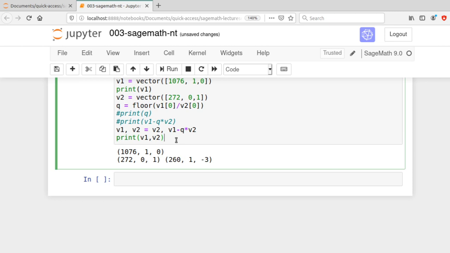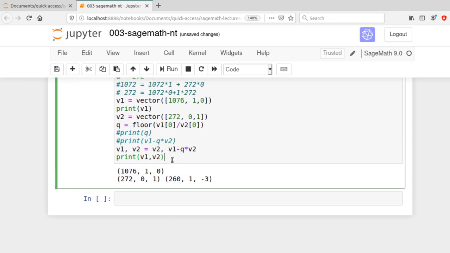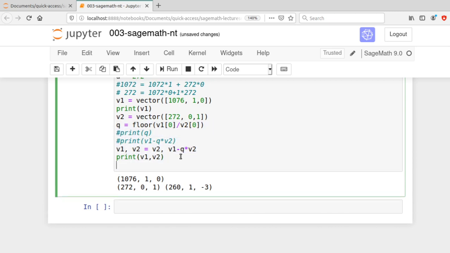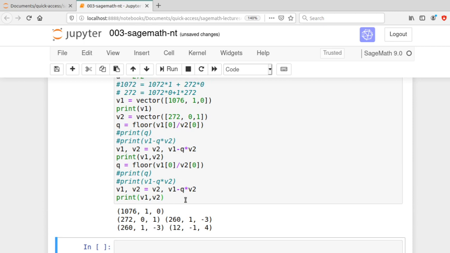We are going to continue this, again taking the floor. So we get the new vector as 12 minus 1 4. See, finally as 12 minus 1 4, that means 12 equal to minus 1. Okay, we didn't get the remainder.